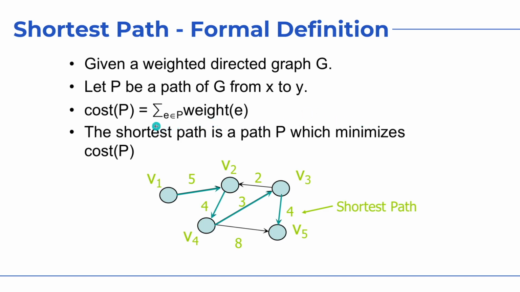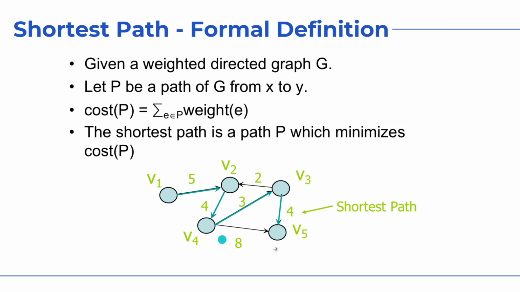We have a summation. In order to find the cost of the path, we will be summing up the weights of those edges that lie along that path.